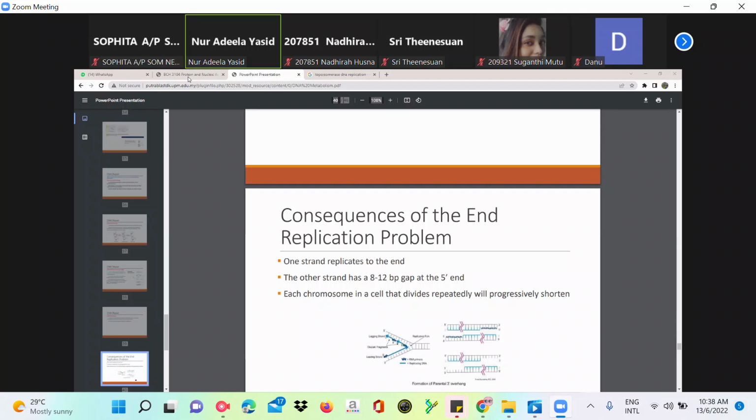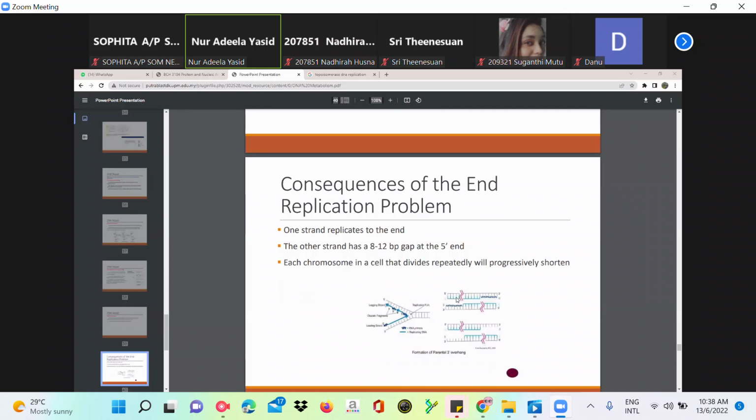So what is the problem? The problem is that DNA polymerase cannot synthesize the extreme 5' end of the lagging strand. Take note. The problem is at the ends of linear chromosomes, because DNA polymerase cannot synthesize the extreme 5' ends of the lagging strand.